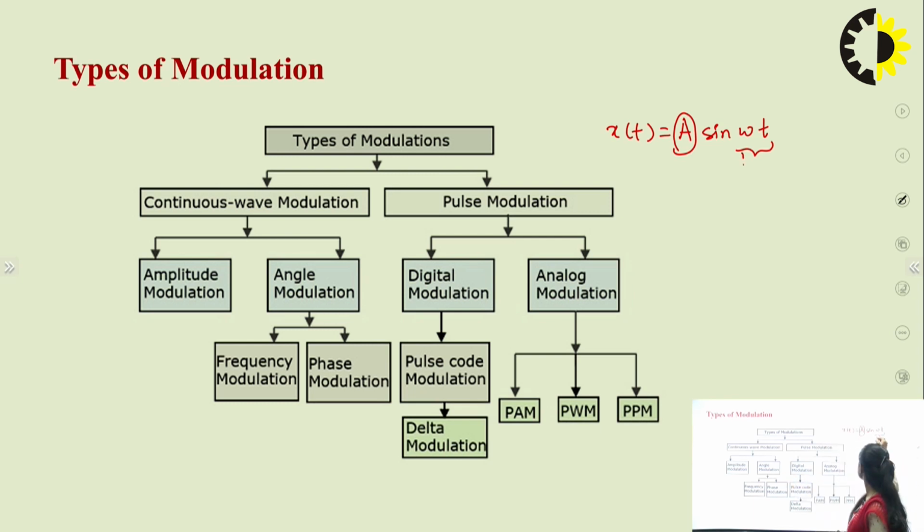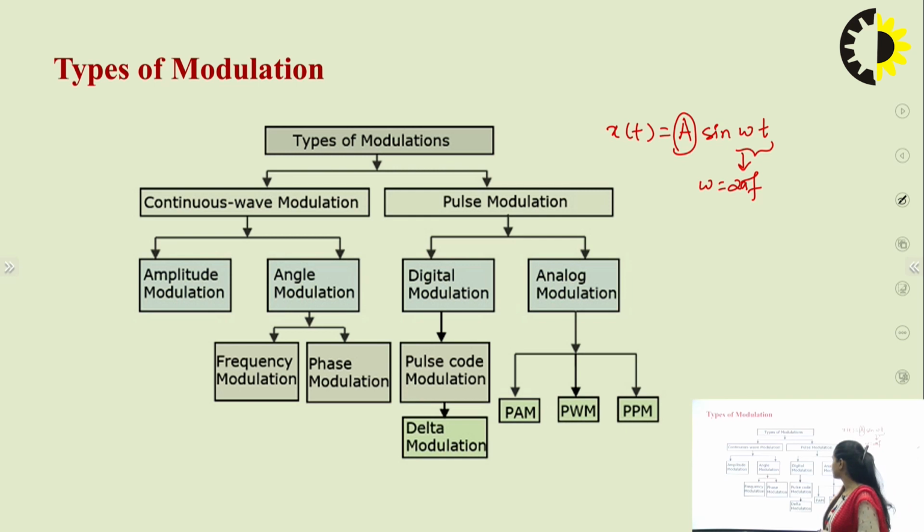It includes my frequency and phase. Right, so I have three kinds of analog modulation, that is amplitude modulation, angle modulation, frequency modulation. We can actually call it as amplitude modulation, frequency modulation, and phase modulation.